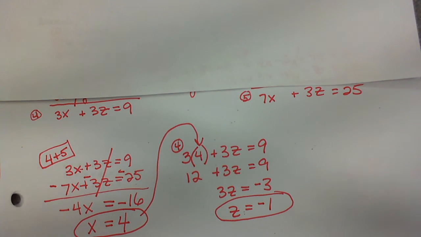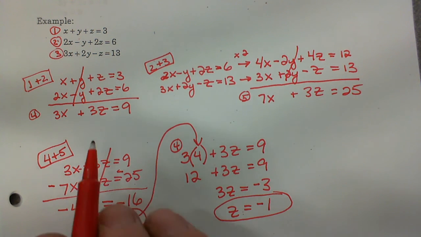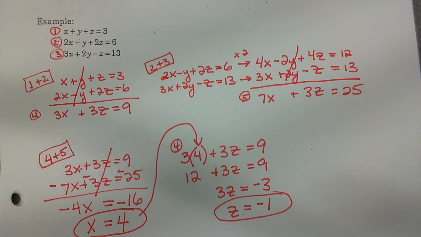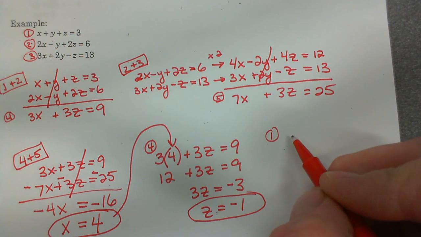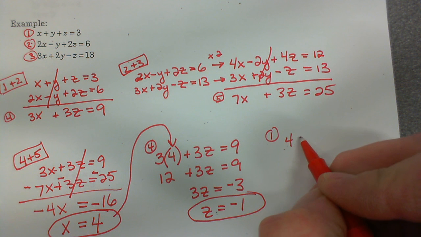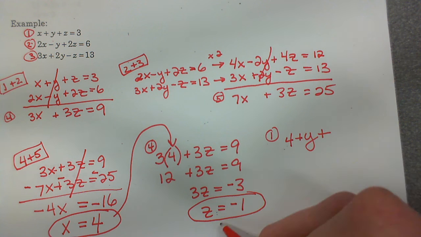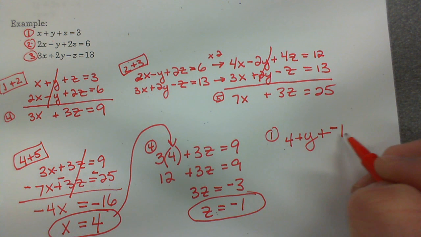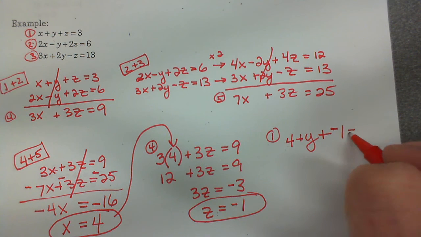Now I have one variable left to find. Now I have to go back to the original equations. So since I have x and z, I know two of the three variables. I can find the last. Well, it looks like equation 1 is probably the easiest one. So I'm going to take equation 1 right here, which is x, and x is 4, plus y, which I don't know, plus z, and z is actually -1, so that's plus a -1. And then that equals 3.